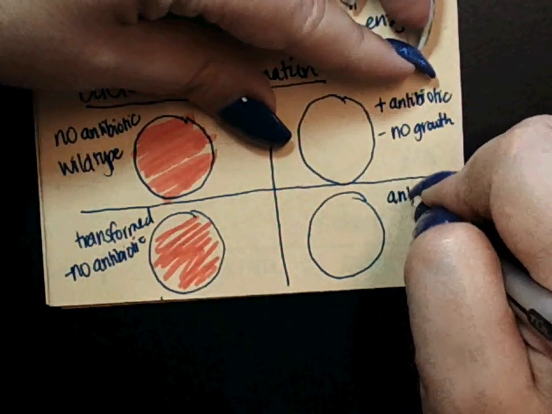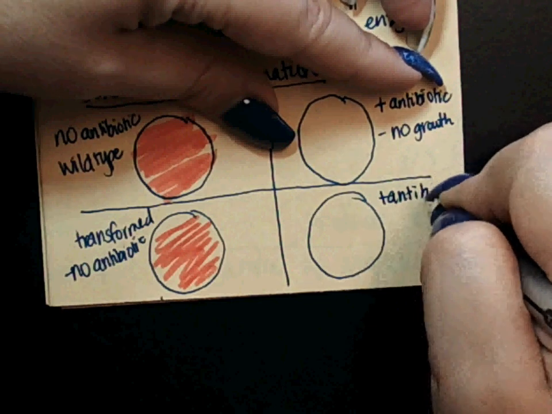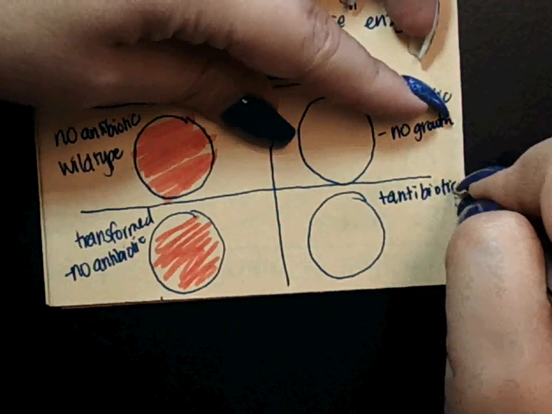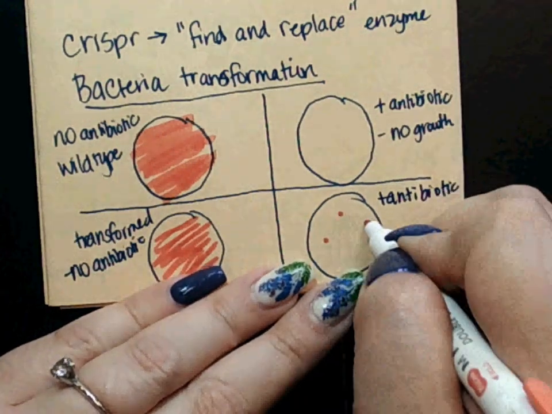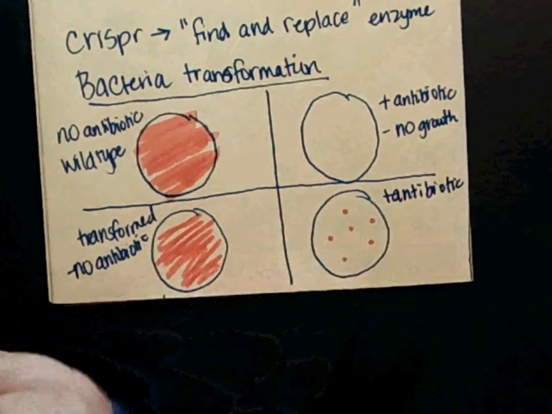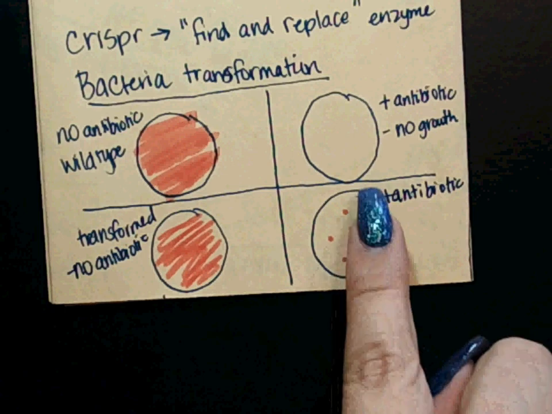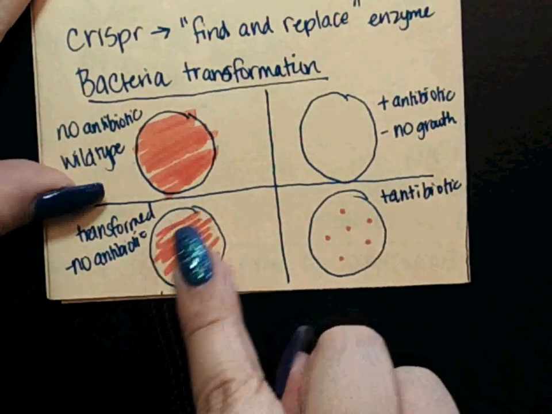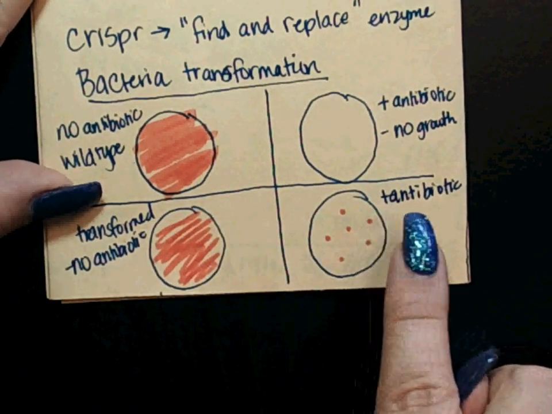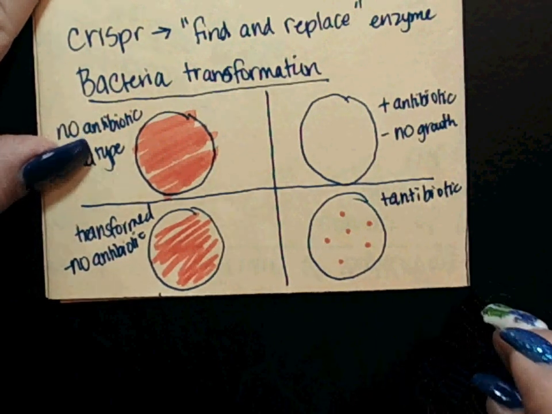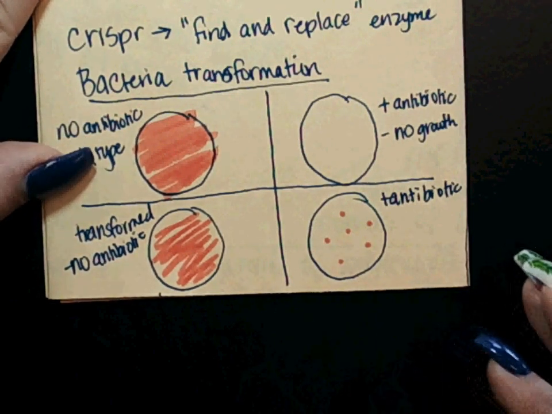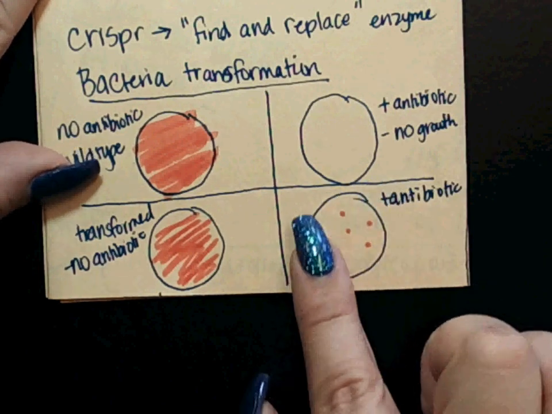So this plate here has antibiotics in it, and if all went well, you would see small colonies of bacteria growing. The reason you would only have small colonies instead of entire covered areas is because not all the bacteria are going to take in the plasmid. And even if they take in the plasmid, they may not incorporate it. So not all the bacteria are being transformed.